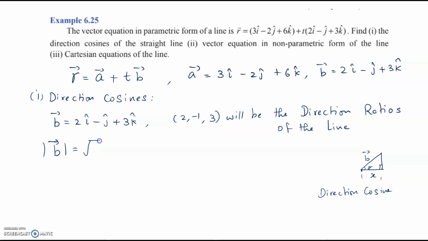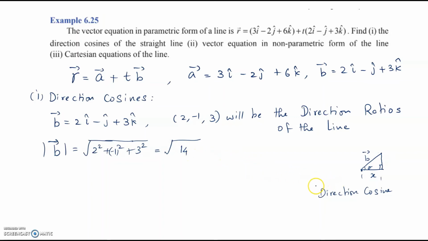The magnitude of b is given by the square root of 2 squared plus minus 1 squared plus 3 squared, and that is equal to the square root of 4 plus 1, 5, plus 9, 14.